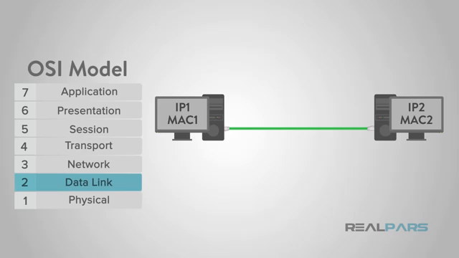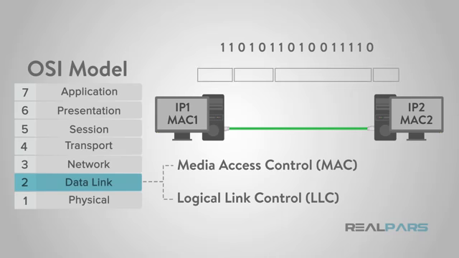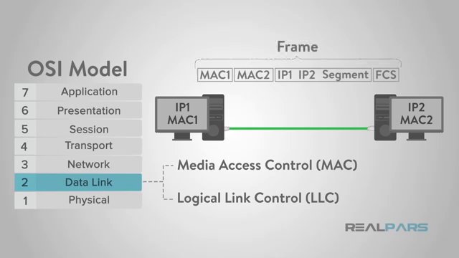The data link layer, or Layer 2, is considered the most complex of the layers. This layer is often divided into sublayers called Media Access Control, or MAC, and Logical Link Control, or LLC. The layer sets up links across the physical network. When this layer receives data from the physical layer, it checks for transmission errors and then packages the bits into data frames.